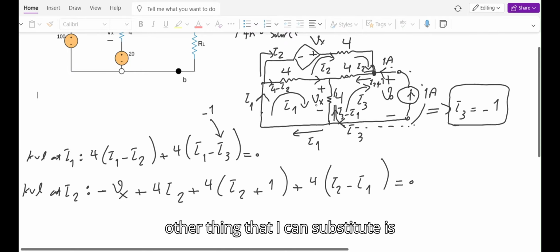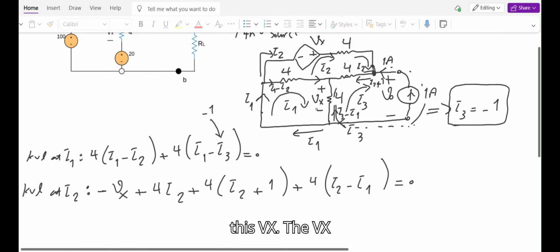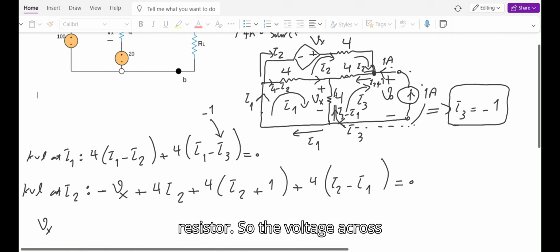The other thing that I can substitute is this Vx. The Vx from Ohm's law is the voltage across this 4 ohm resistor. So the voltage across a resistor from Ohm's law becomes current times resistance. What is the current here? As you can see, it's I1 minus I3. This current from bottom to top is I3 minus I1, so I'm watching it from top to bottom.